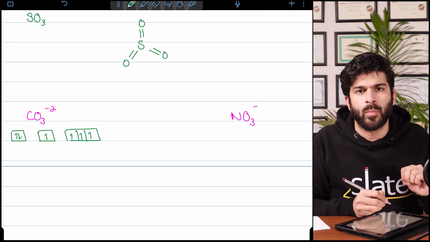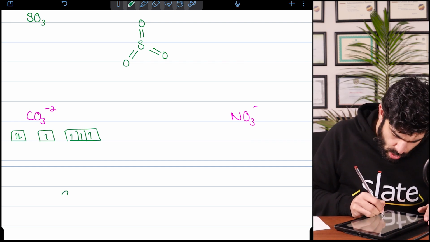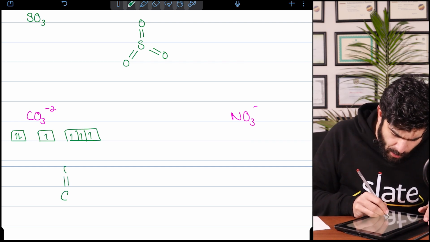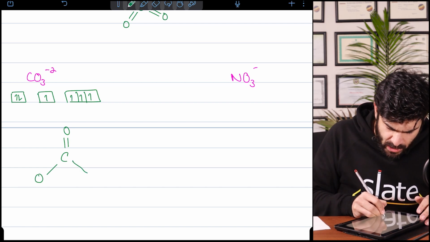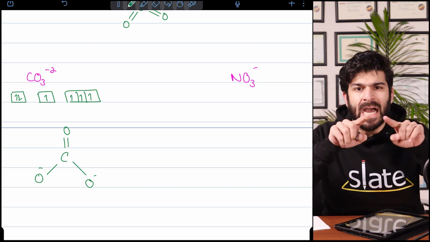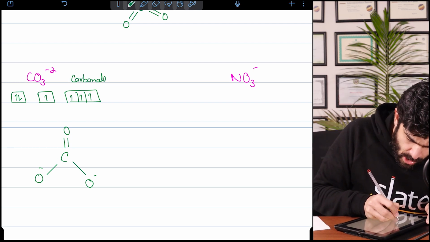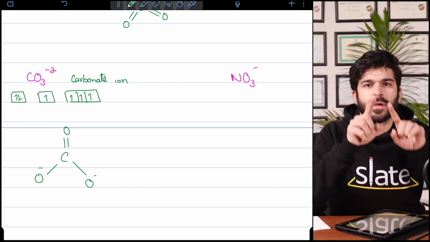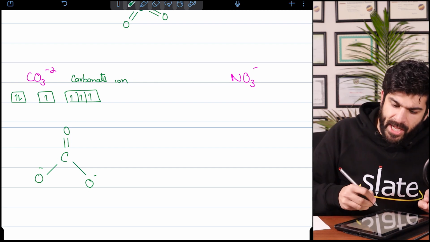So we can only make 4 bonds, but we have 3 oxygens. So one oxygen will make a double bond. One will make a single, the other will make a single, negative, negative. So the carbonate ion is also trigonal planar in shape.